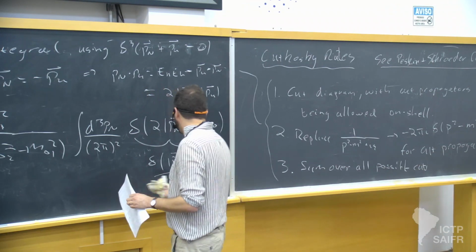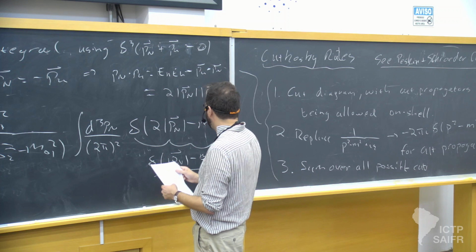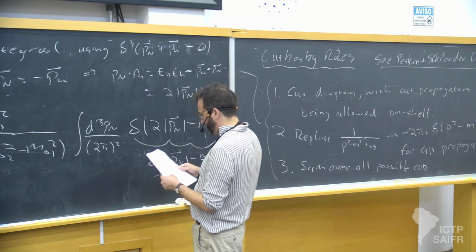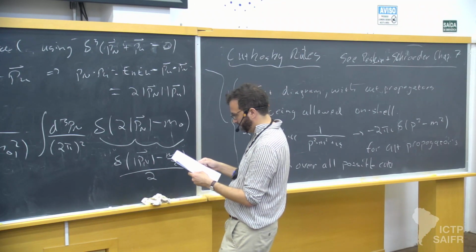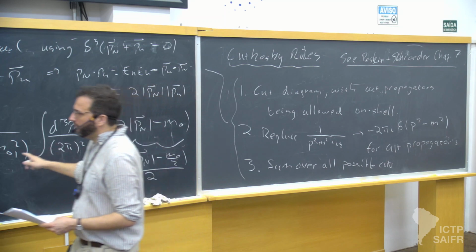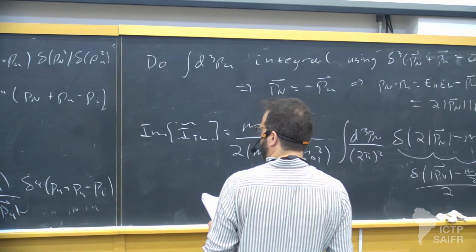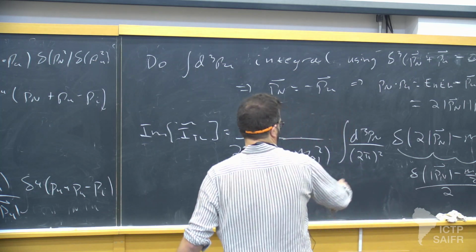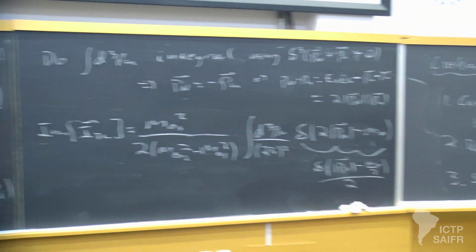So then, okay, good. Did I miss a factor here? Yeah, I've missed a factor here. So you see here, we got a 2 pn pu, and that cancels with the denominator here.